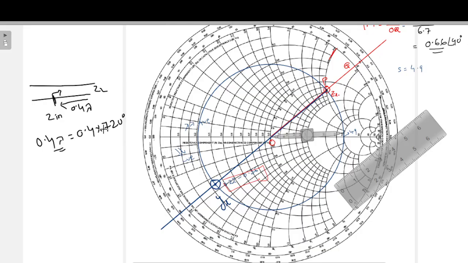And if I calculate that, this calculation is coming as 288 degrees. Yeah, okay. So now this 288 degrees we need to travel from this load point. If I rotate, then I will reach a point which will give me this impedance after 0.4 lambda distance.